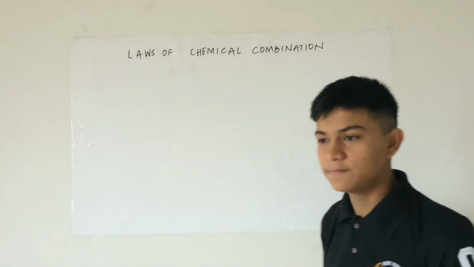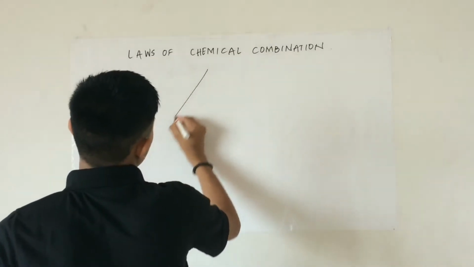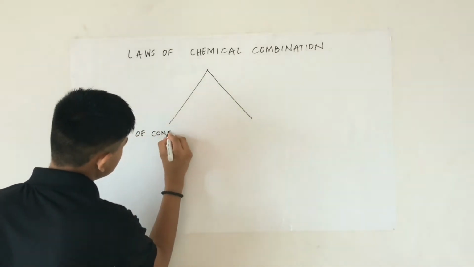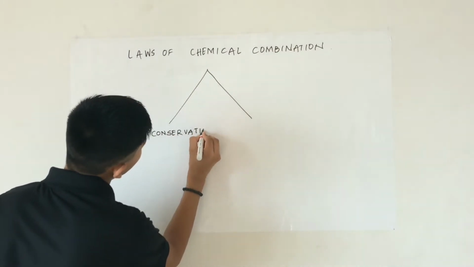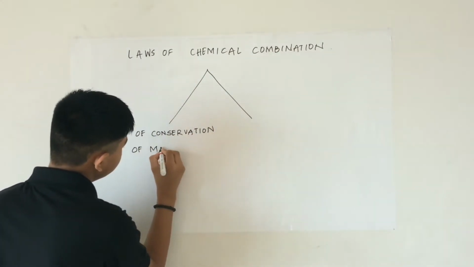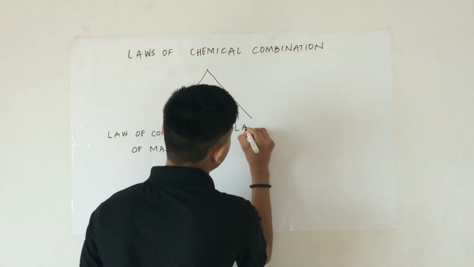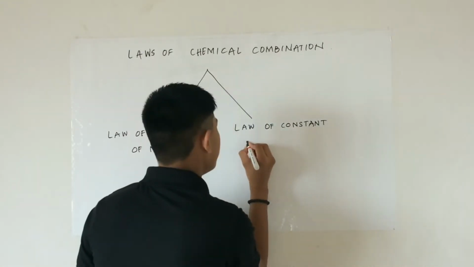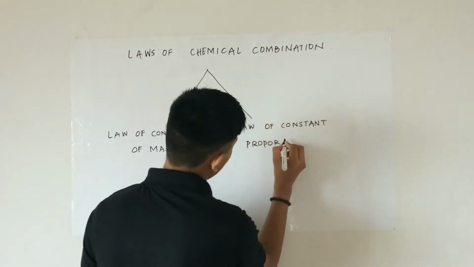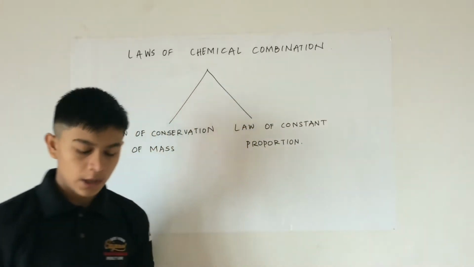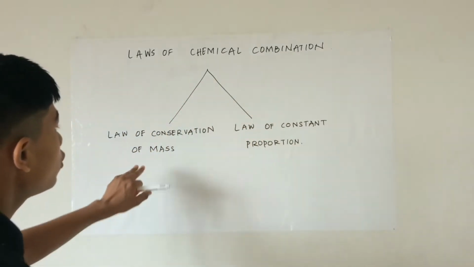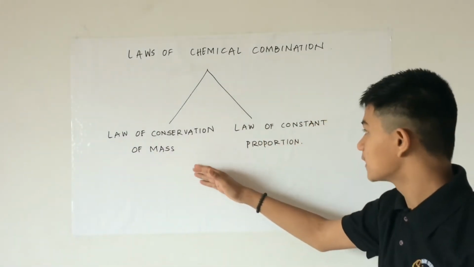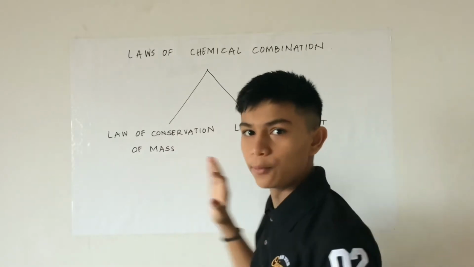The first one is the law of conservation of mass, and the second one is the law of constant proportion.